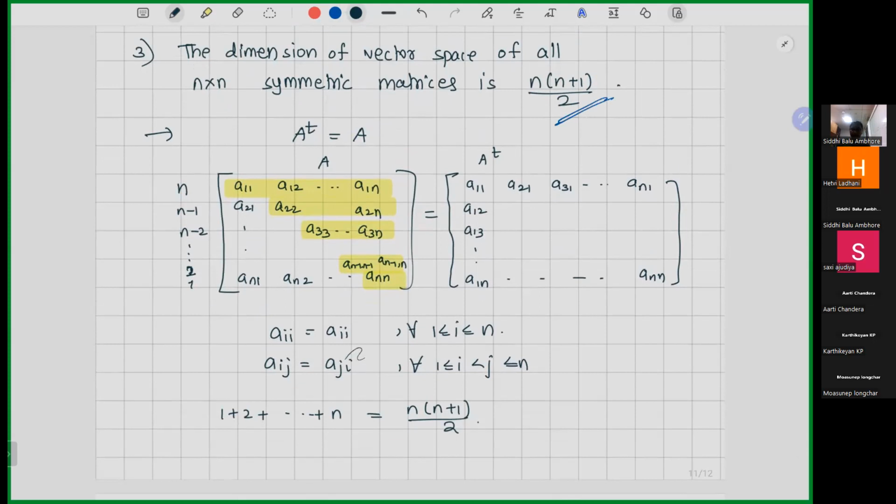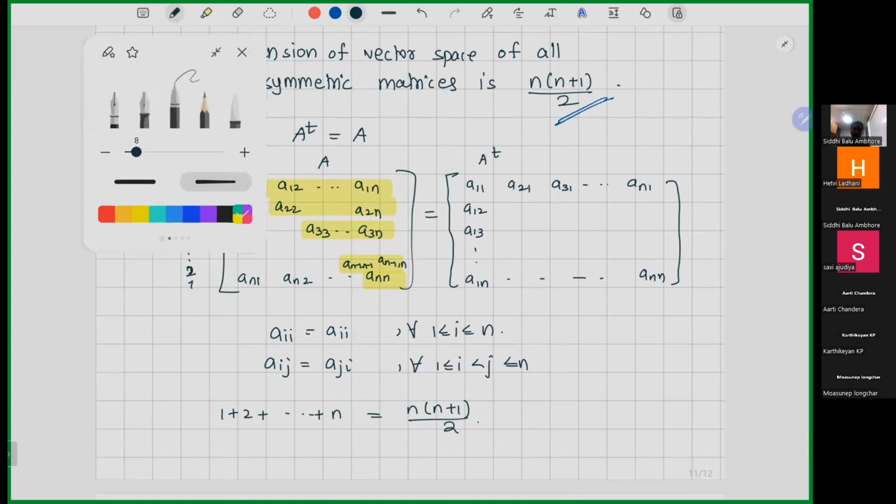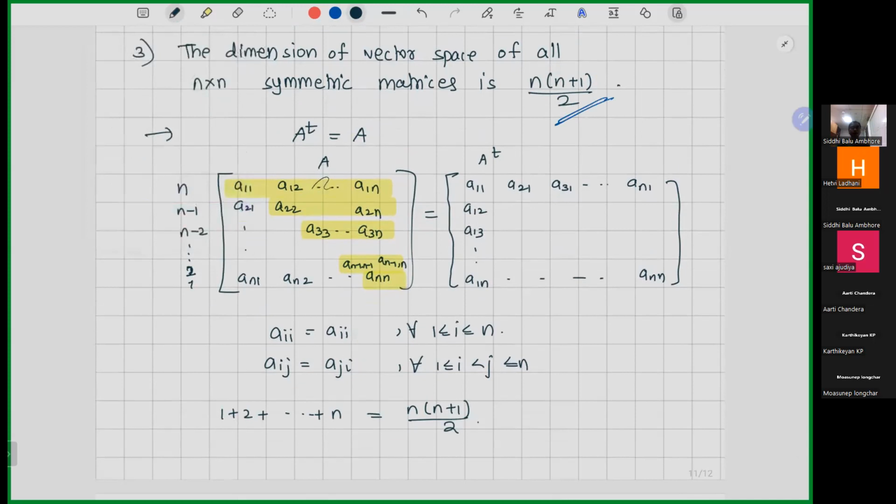The AIJs, so once I fix something above the diagonal, below, for example, once I fix A12, A21 has to be equal to it. So I need not take this in my basis, because now this element has become dependent on this one.